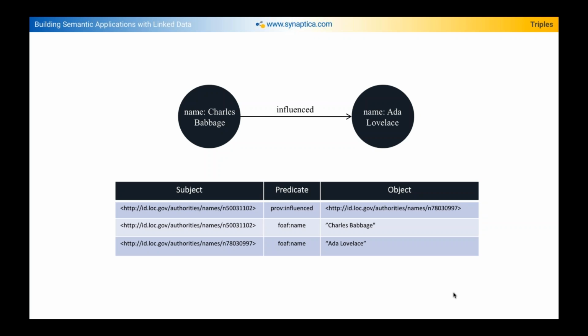And the object is another entity, or a literal, a textual value, or a data type like a date. Here we are saying Charles Babbage influenced Ada Lovelace, and as a triple that would result in these if we were to express it using the Library of Congress authorities for those entities.